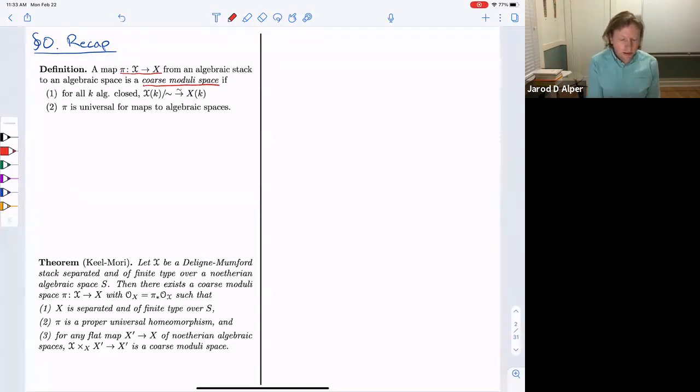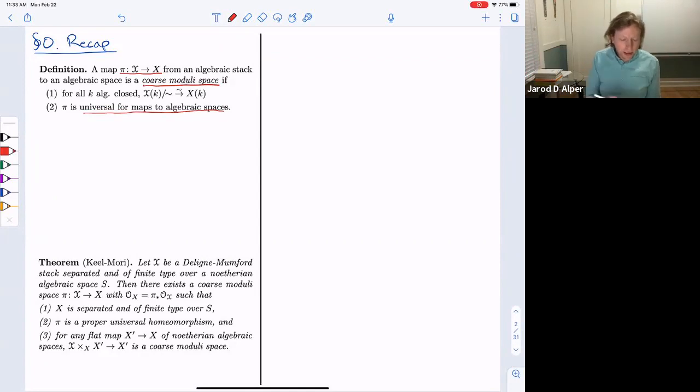One is that it induces a bijection on all geometric points. In particular, the topological space of the stack is identified with the topological space of the algebraic space. And it also satisfies a universal property for maps to algebraic spaces. Specifically, any other morphism to an algebraic space factors through the map to X.